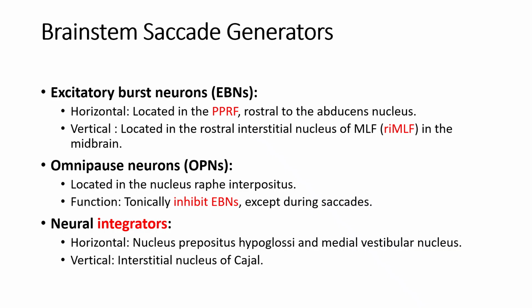Function: tonically inhibits excitatory burst neurons, except during the saccades. Neural integrators, horizontal saccade, nucleus prepositus hypoglossi, and medial vestibular nucleus. Vertical saccades, interstitial nuclei of Cajal.